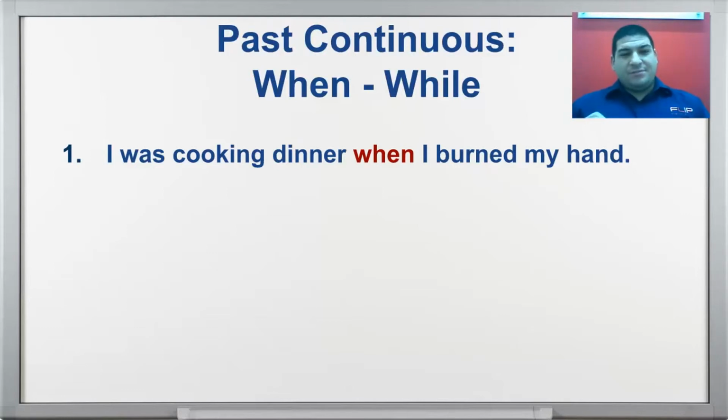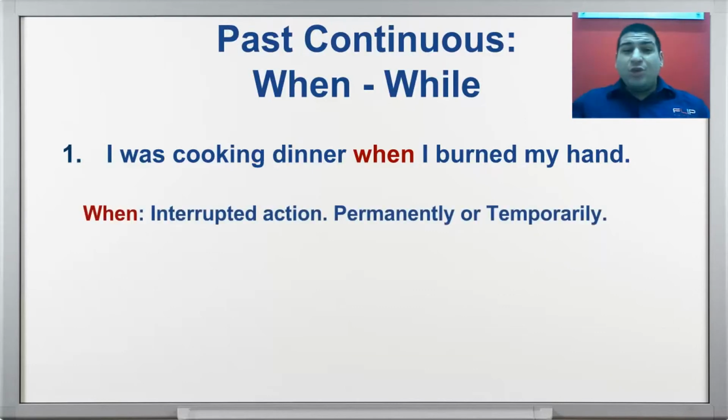Now pay attention. I was cooking dinner and I burnt my hand, so there was an interruption, okay? So when we use when, it talks about an interrupted action, which can be permanently interrupted or temporarily interrupted.